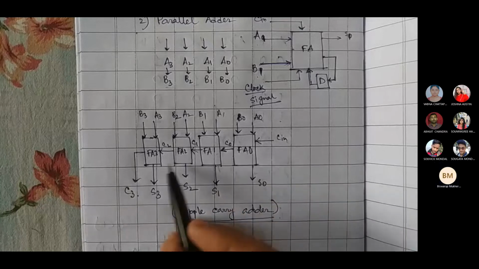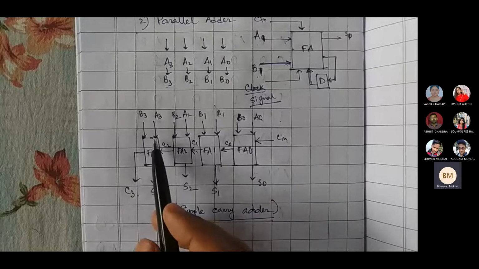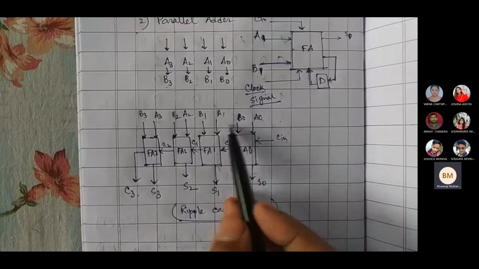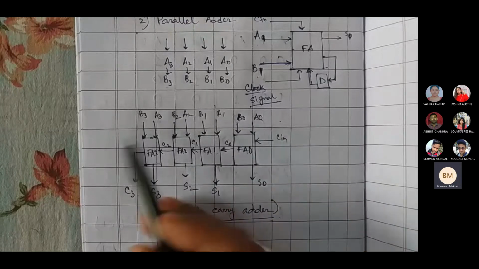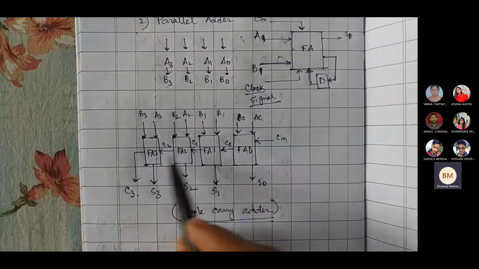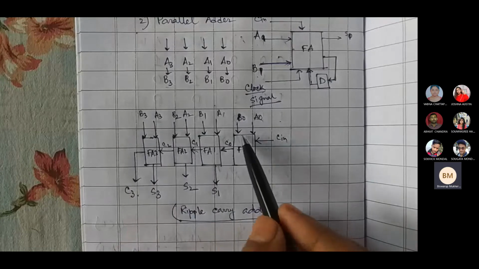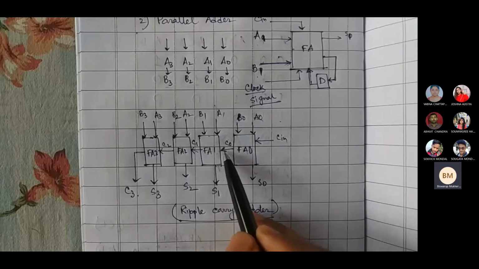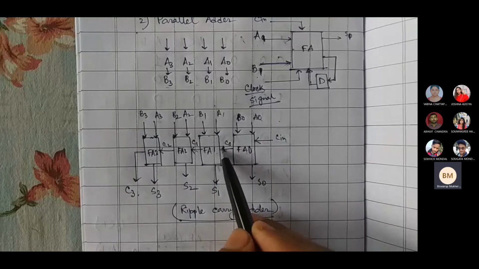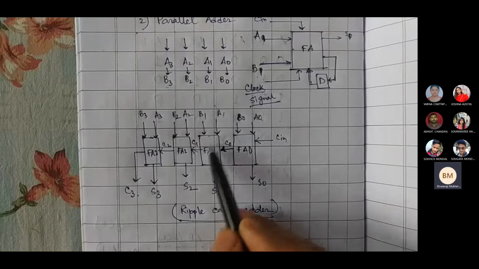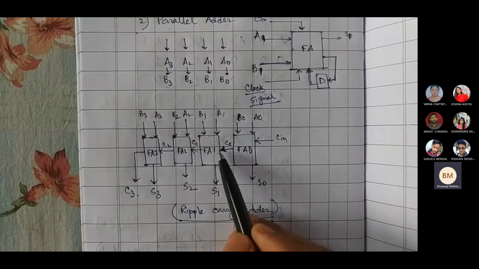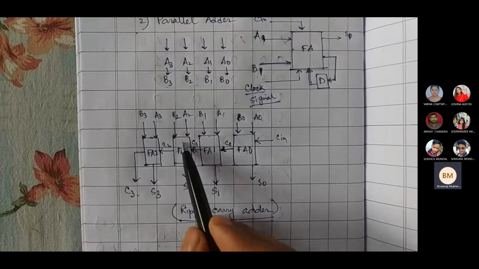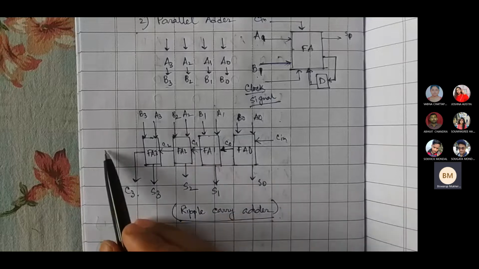And though at the very beginning you are having all 32 bits of A value as well as all 32 bits of B value, still until the first full adder produces C0, the next full adder can't work, because it will require C0 in order to work. Similarly, until C1 gets generated, A2 can't work, and so on, right?